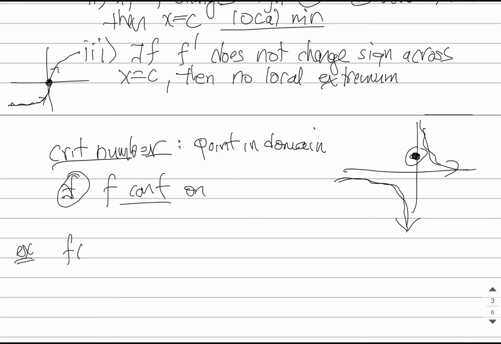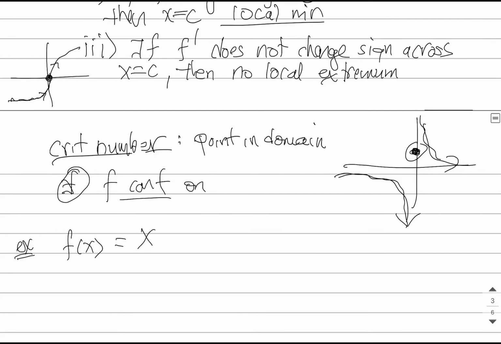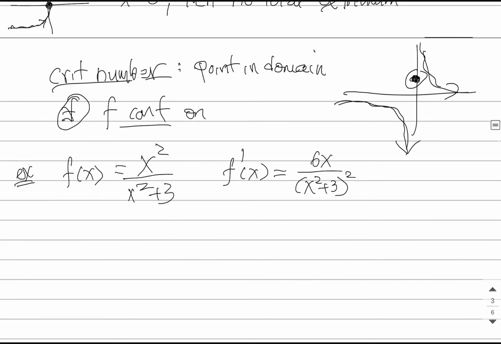The example that I'm going to work with in this video and in the next one is the function x squared over x squared plus 3. You could simply use the quotient rule or the chain rule, however you'd like. You could figure out very straightforwardly that its derivative is 6x over (x squared plus 3) squared. This function is a rational function.